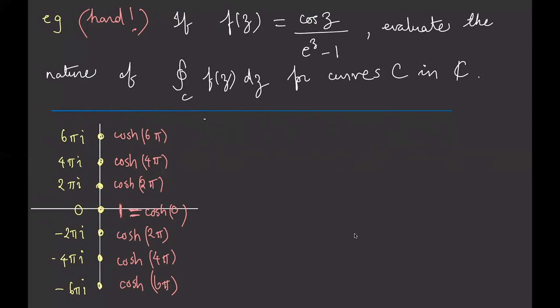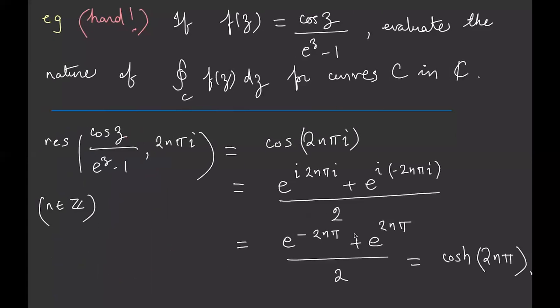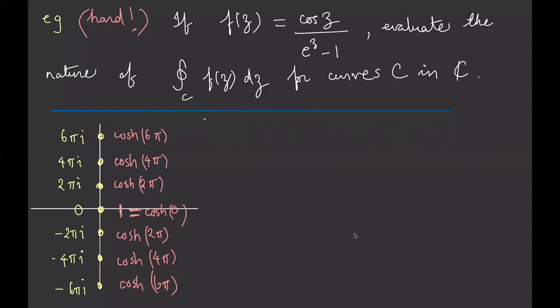We already figured out that the residue was 1, but that's also equal to cosh 0. So this formula actually works for n equals 0 as well. Cosh of 0 is equal to 1. And the hyperbolic cosine is an even function, so whenever you have a negative n, you're going to get exactly the same as you got for the positive. The residues are given in pink over here.